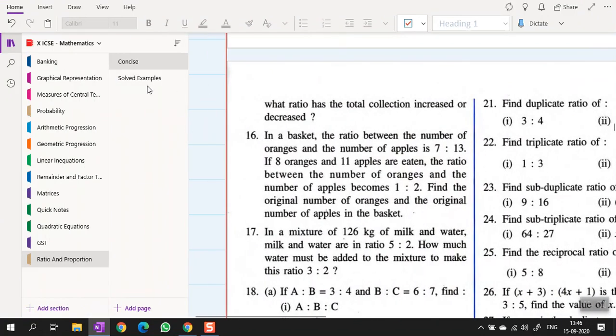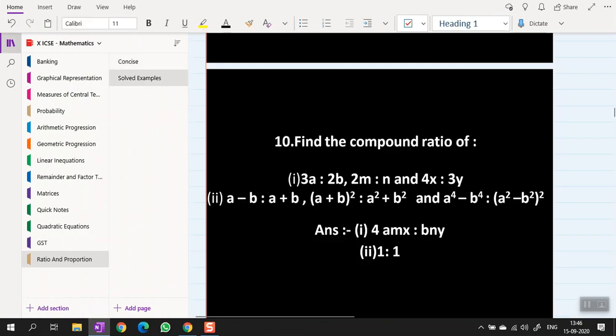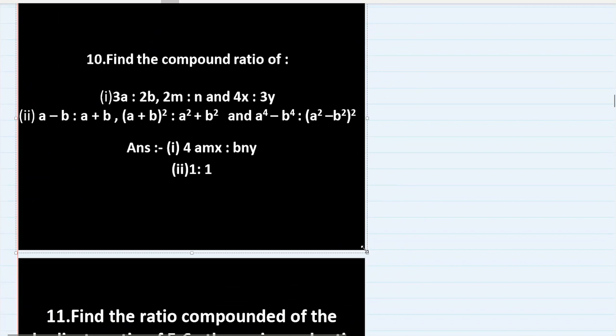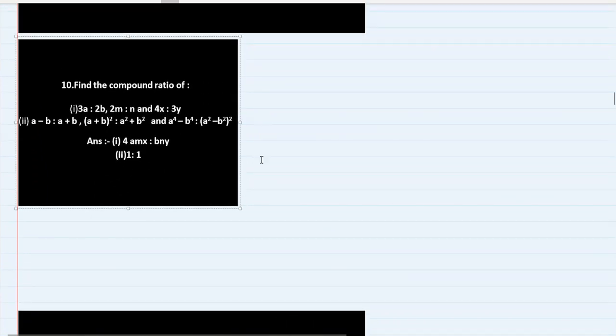Okay, so let's do these two questions based on composition of ratios. So what do we have over here?